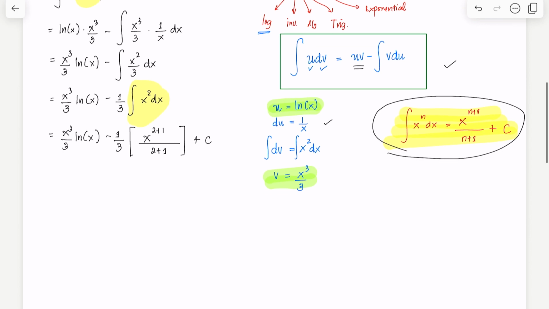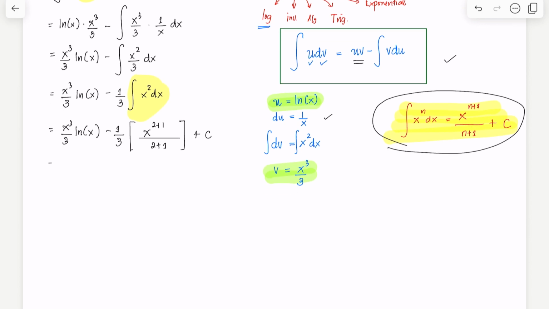Now, simplifying that further, I will get x cubed all over 3 ln of x minus 1/3, and everything in the bracket will be x cubed all over 3 plus c. Now, I want to simplify this further. I'm going to take out x cubed over 3, which is a common factor. So x cubed all over 3, what remains for the first term is simply ln of x. And then for this part, I will just have 1/3. And plus c. So there we go.